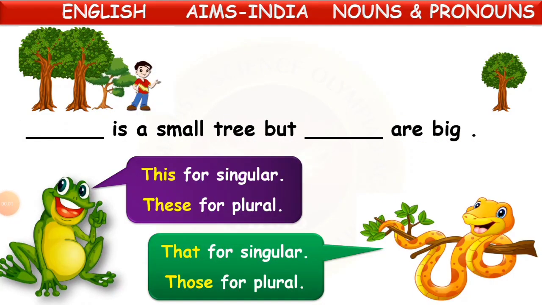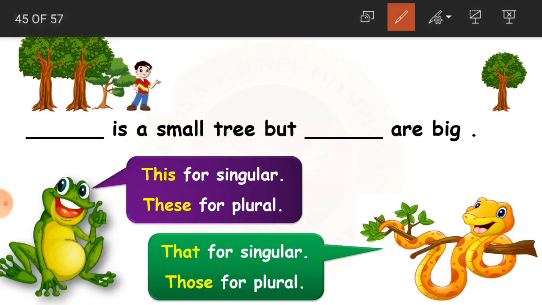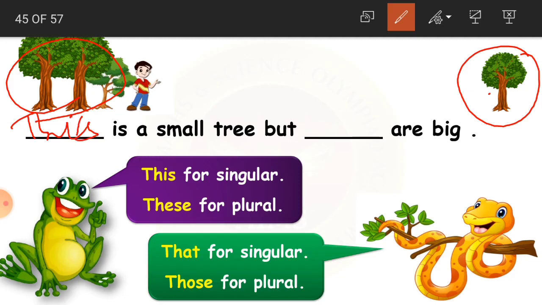Yes, children, see here we are having trees in the picture. So here is one tree and here are some trees. This boy is trying to tell that this is a small tree. And here there are so many trees and they are in plural.